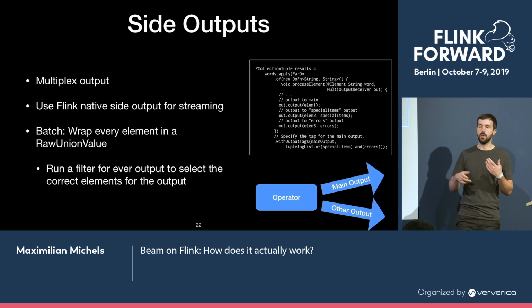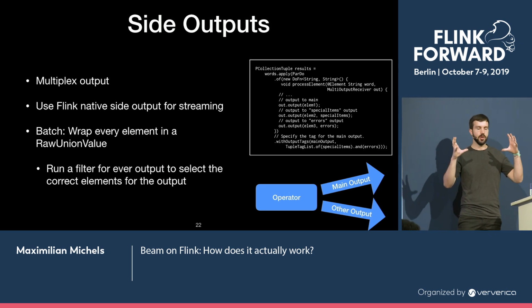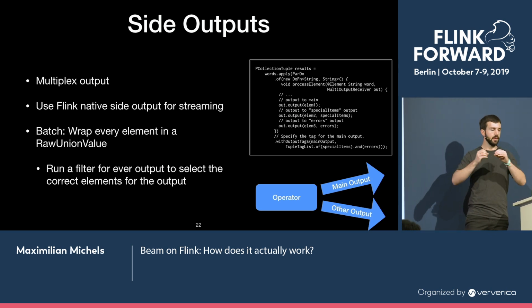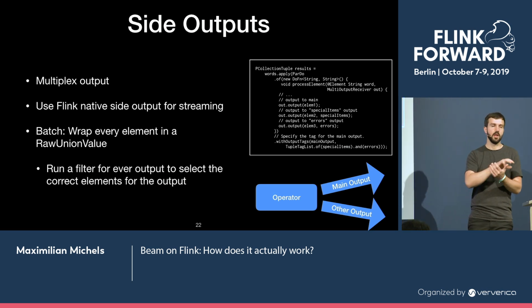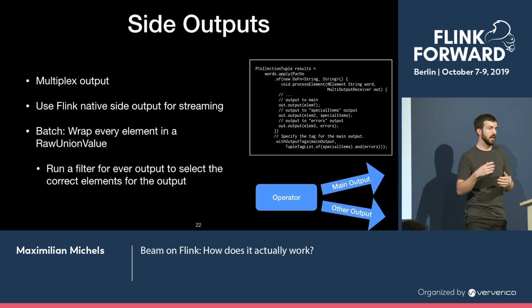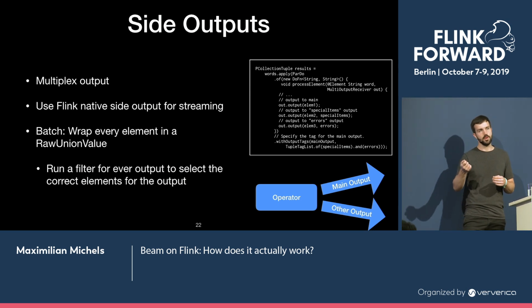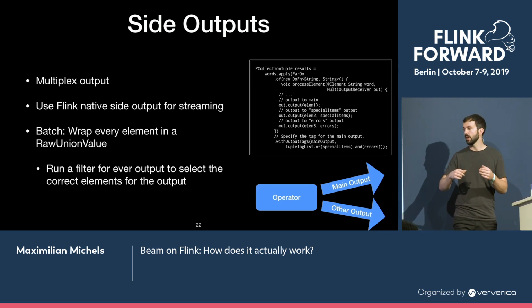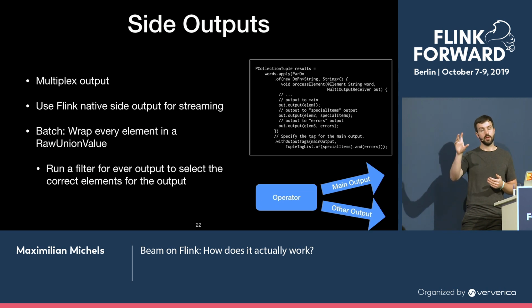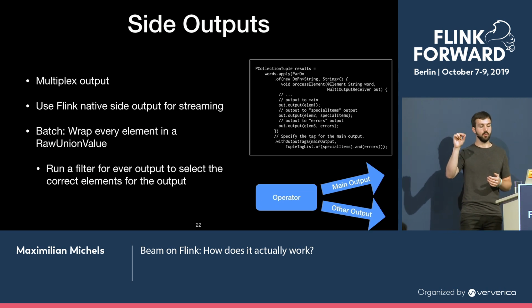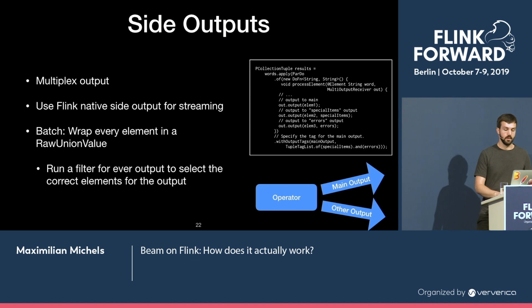In batch, we wrap every element in a raw union value and basically assign a tag and the actual value and send this out. And then if we want to select from an output on a different operator as an input, we just do a filter where we extract only the tag that we actually want.